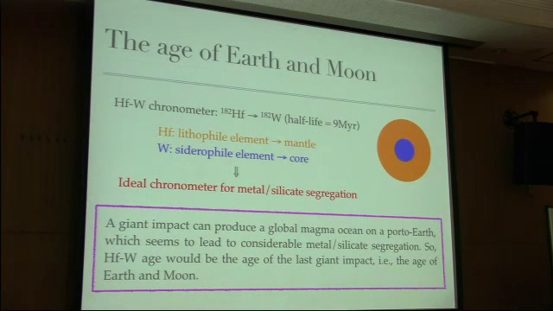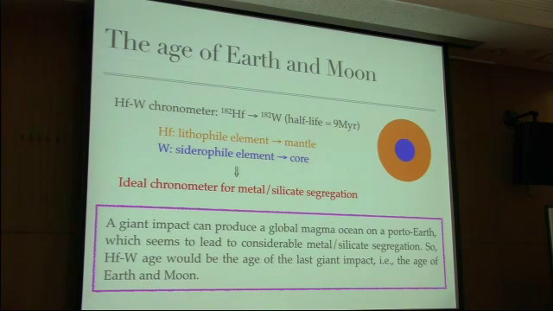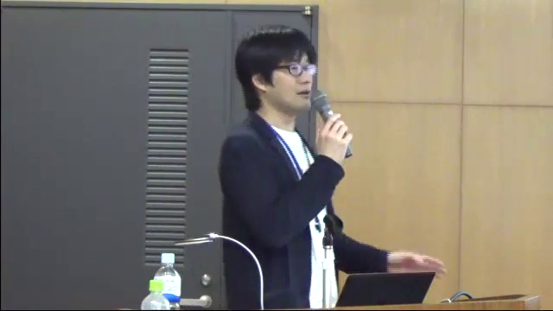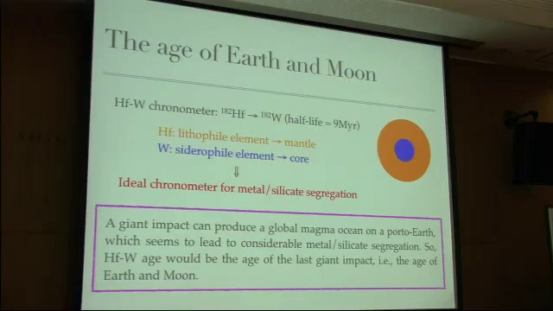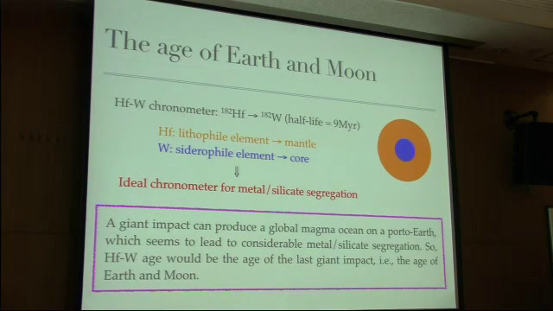As you see in some graphical movies, a giant impact is a very massive event. So it can produce a global magma ocean on the proto-Earth, which seems to lead to a considerable metal silicate segregation at the time. So the hafnium tungsten age would be the age of the last giant impact, that is, the age of the Earth and the Moon.